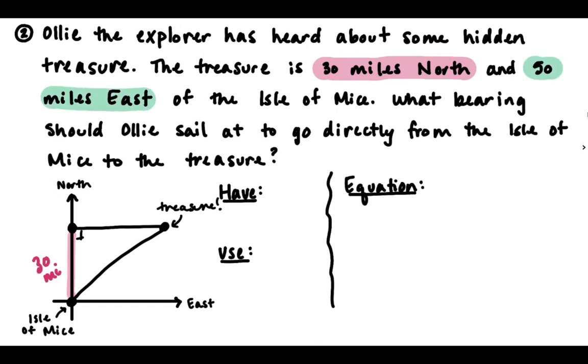East was this top side, and that's 50 miles. Here's our question. What bearing should Ollie sail at? Remember, the bearing is the angle, so we're going to call this theta, and it's that angle measured clockwise from north. So there's theta.